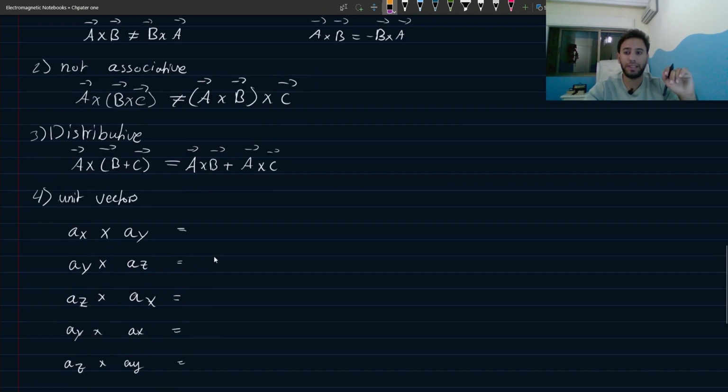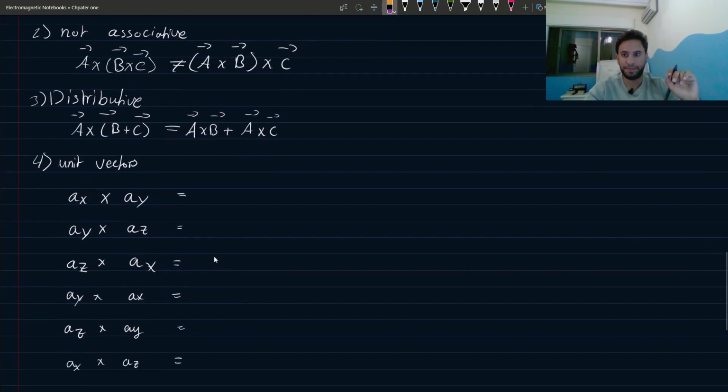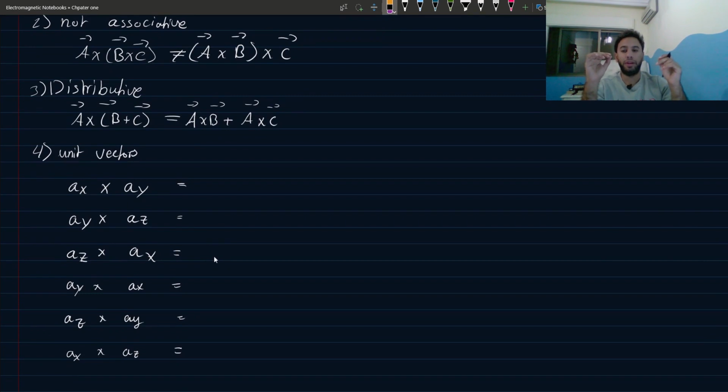Last but not least, the unit vectors. Now, the unit vectors in cross multiplication play a huge role. And if you understood how to multiply unit vectors together, you basically got all of this covered.